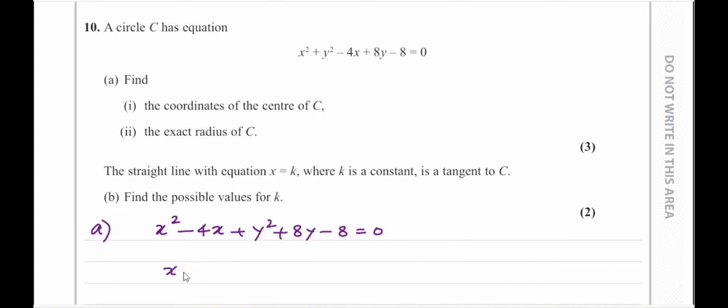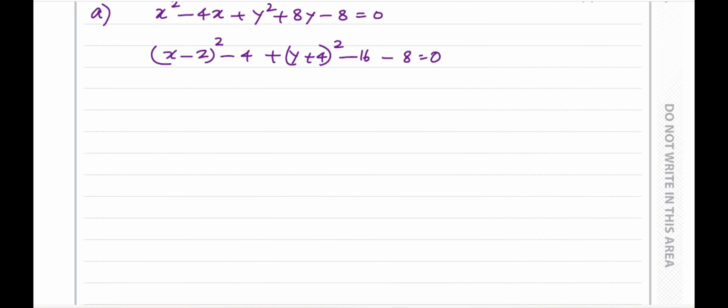Completing the square, we can get x minus 2 whole square minus 4 plus y plus 4 whole square minus its square here, that is minus 16. Then we have minus 8 equal to 0. Therefore, x minus 2 whole square plus y plus 4 whole square equals 28.